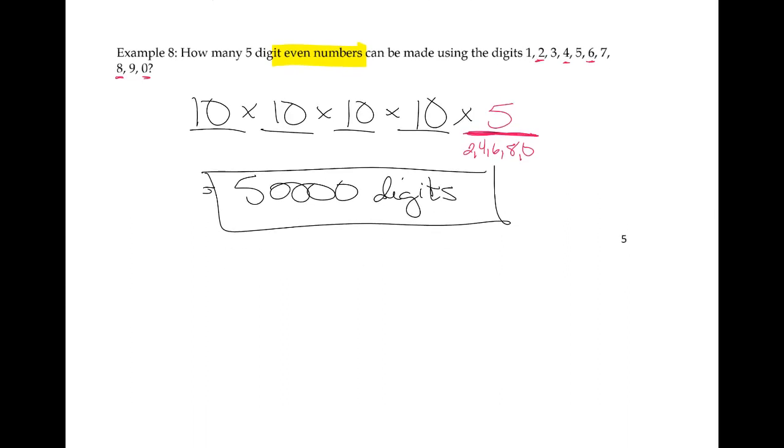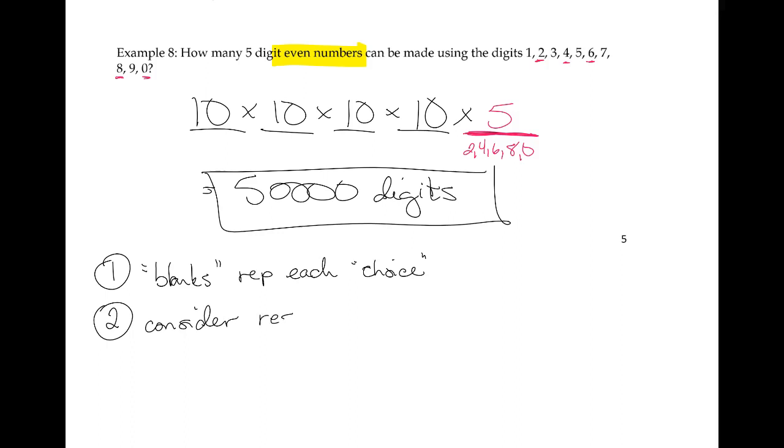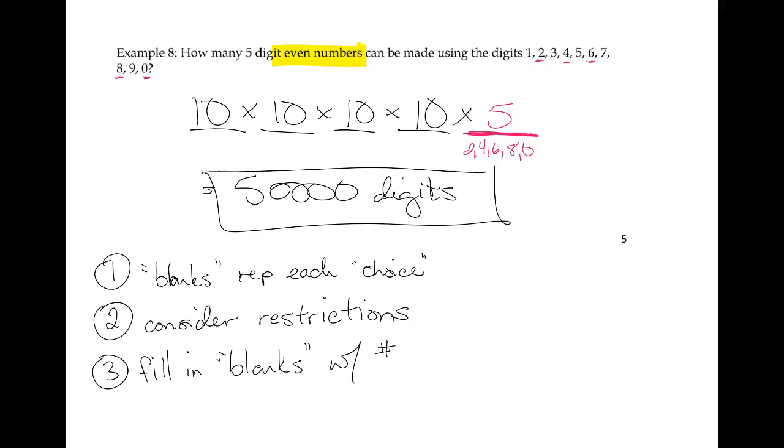So I like, in general, to approach these problems as: 1, use blanks to represent each choice or scenario or decision, whatever word you want to use. 2, I consider restrictions. 3, I fill in my blanks with the number of options to choose from.